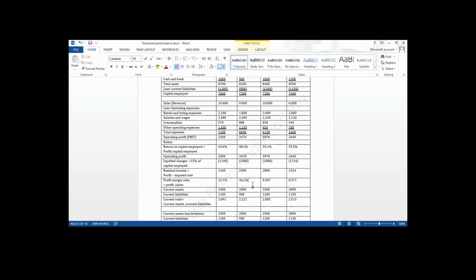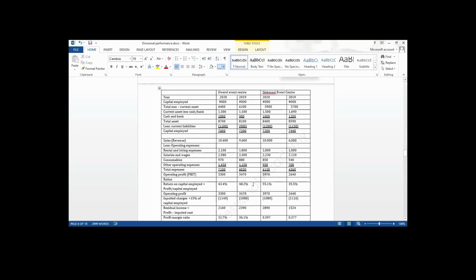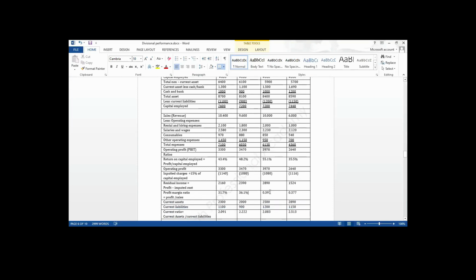Now we move to the next center, Sekenisi Center. Operating profit 3,970. Revenue 10,000. 39.7%. Then 2019, operating profit 2,640.